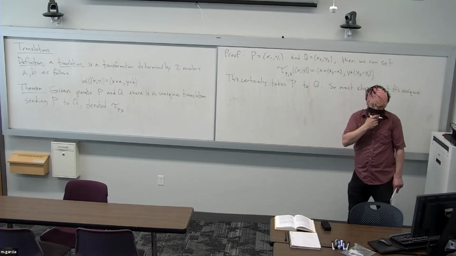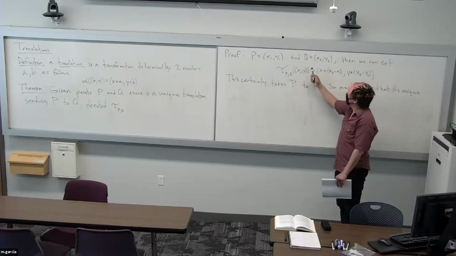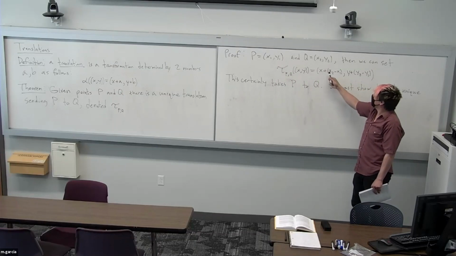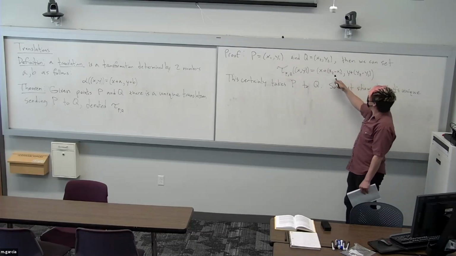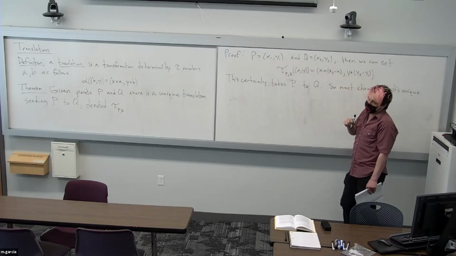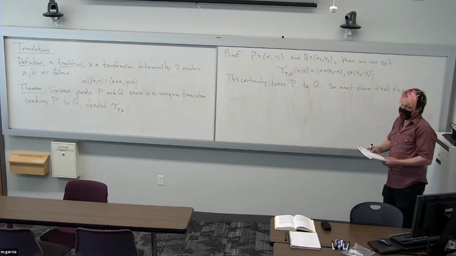Right? Everybody see why this takes p to q? Right? If I put p in here, I put x1 here, x1 cancels with x1, y1 cancels with y1, and I get x2, y2, which is just q. Okay? Is that all right?